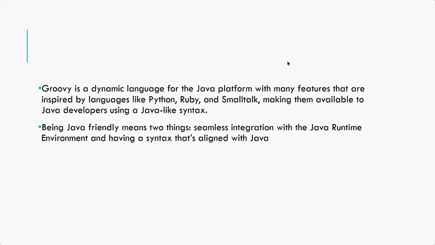And whatever Java functions or Java applications are available, we can still use them inside Groovy. Okay, so the Java runtime environment can be used to execute Groovy as well.